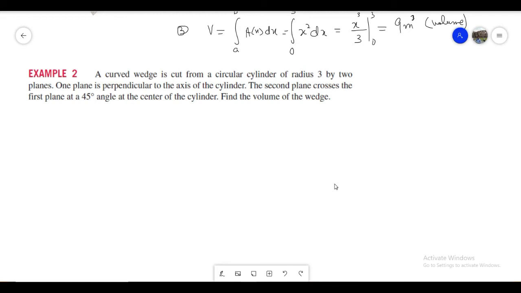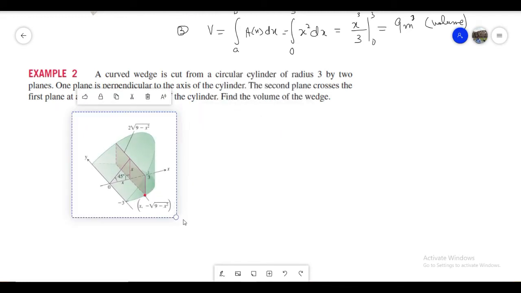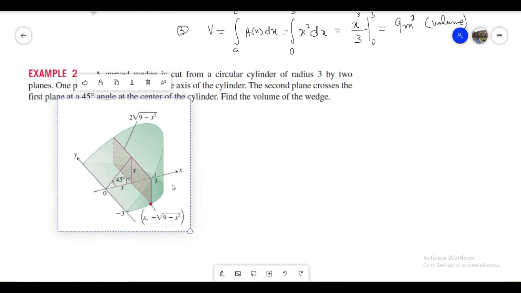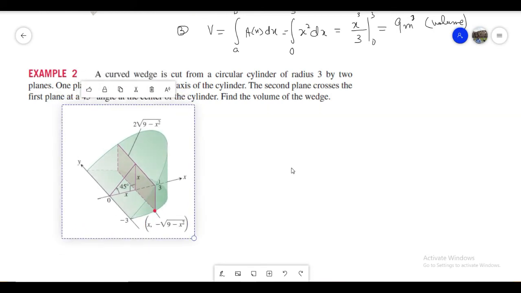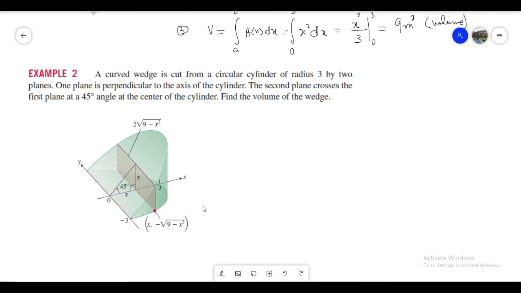The second plane crosses the first plane at a 45-degree angle at the center of the cylinder. So we have to find the volume of the wedge. So the wedge is like this, right?